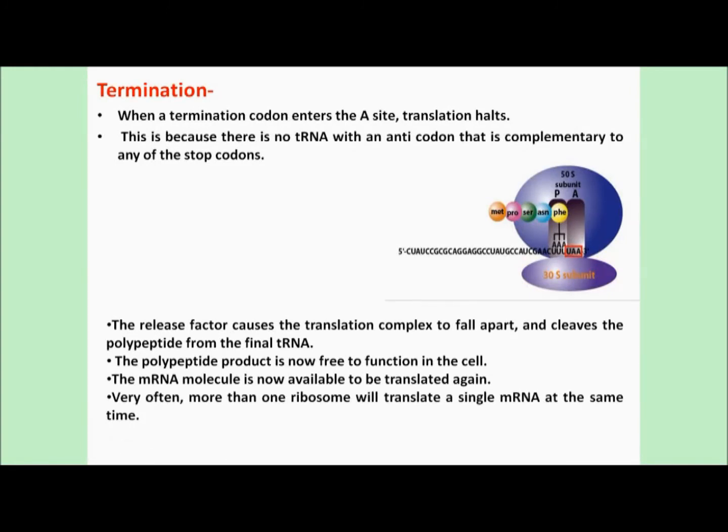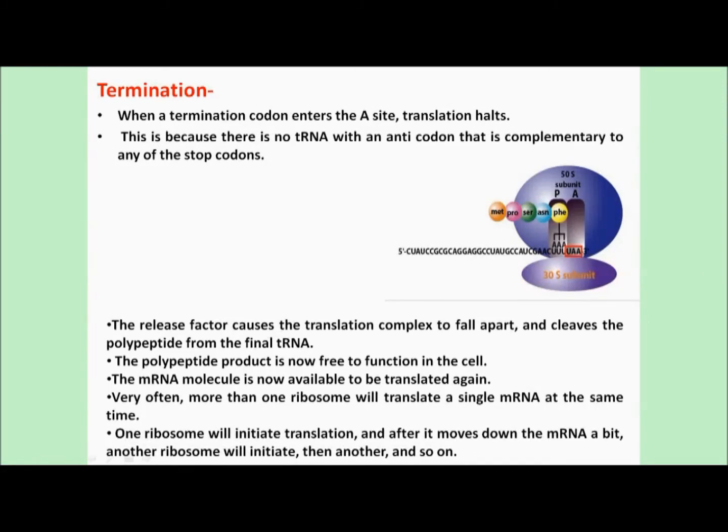Very often, more than one ribosome will translate a single mRNA at the same time. One ribosome will initiate translation and after it moves down the mRNA a bit, another ribosome will initiate another, and so on. In this way it will go on.